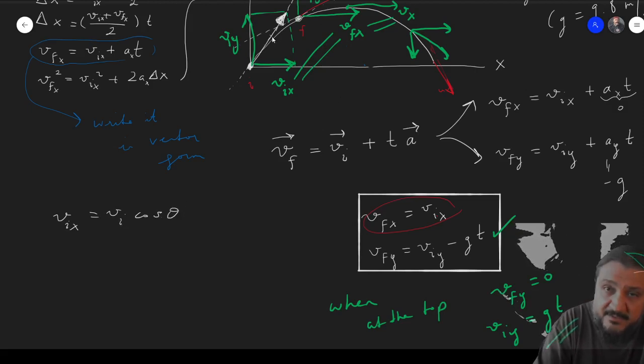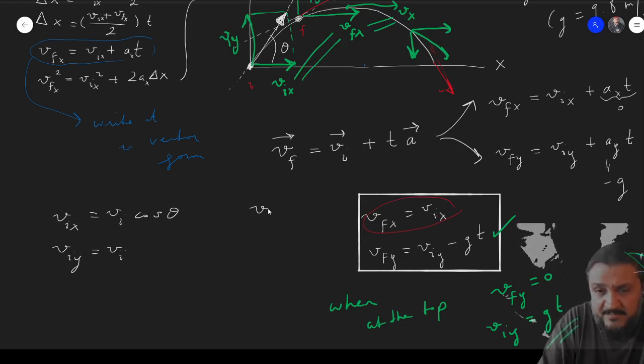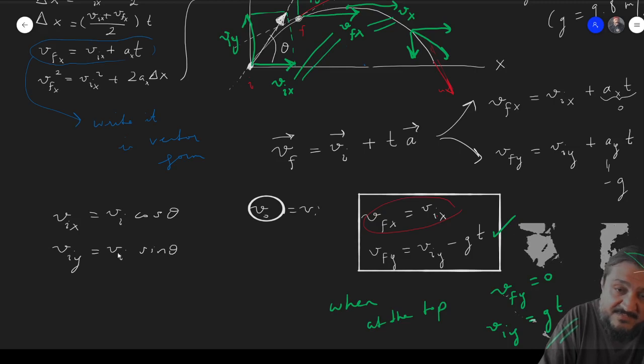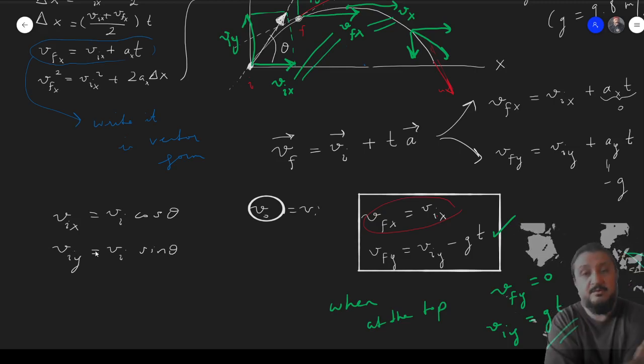So this angle here is theta, and Viy will be Vi initial, sometimes called V0 by the way. V0 is the same as Vi. Sine theta times Vi gives you the y component of the initial velocity.